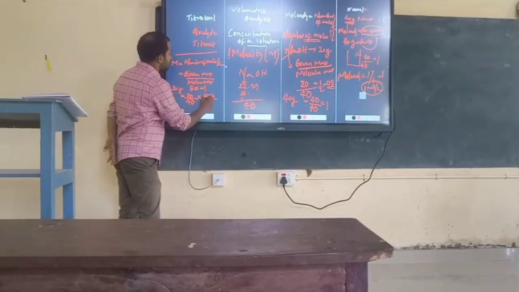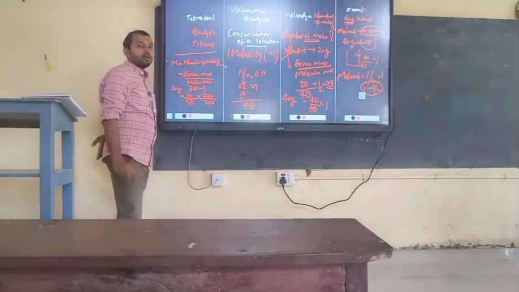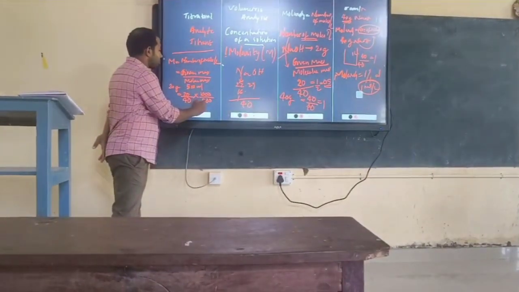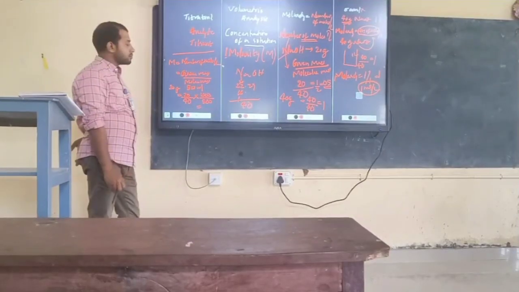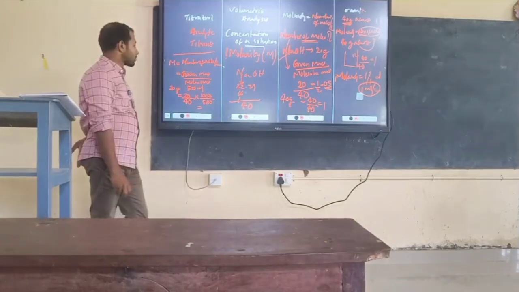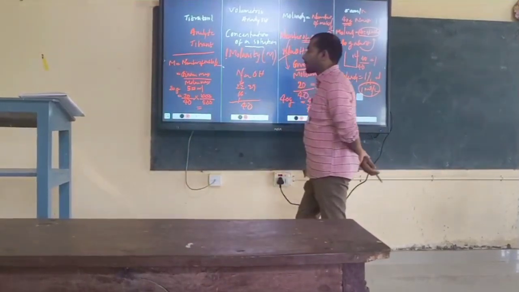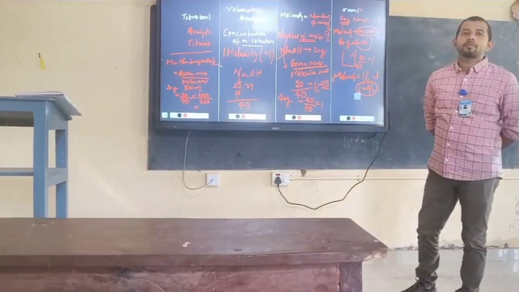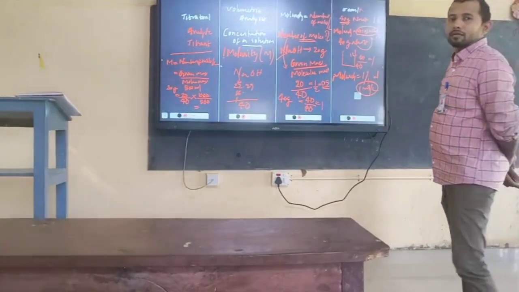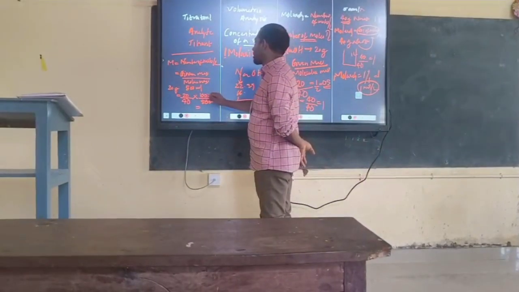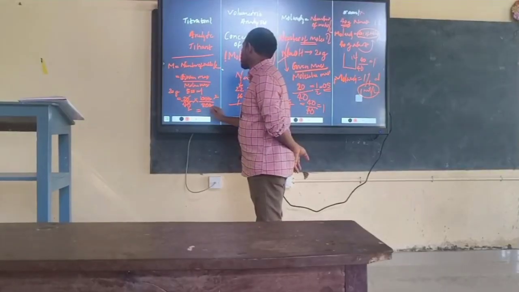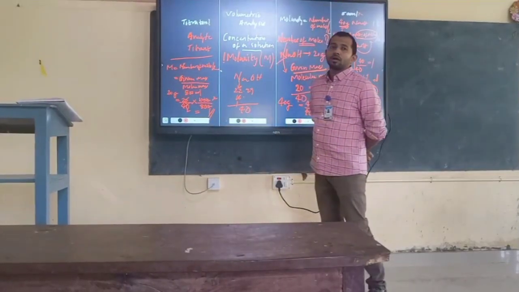So basically, this turns out to be 1000 divided by 500.